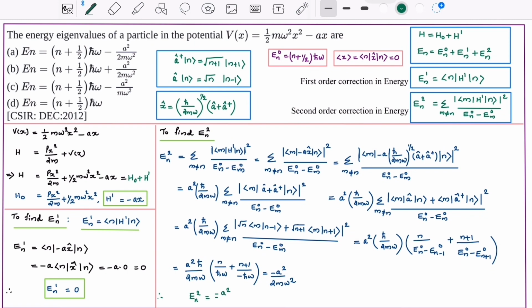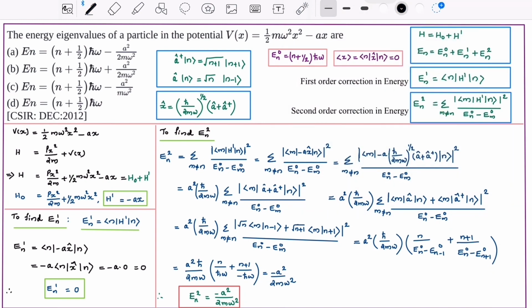Now we have the first order correction in energy, the second order correction in energy, and also the energy corresponding to the unperturbed Hamiltonian, which is En0, that is (n plus half) h bar omega. Therefore, the total energy En is En0 plus En1 plus En2.